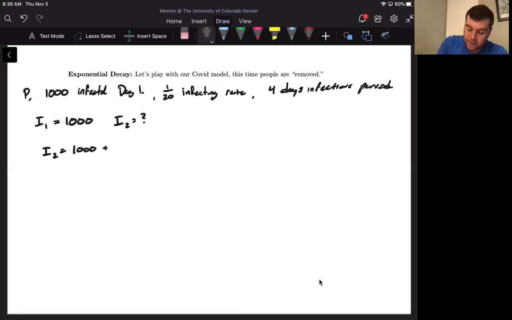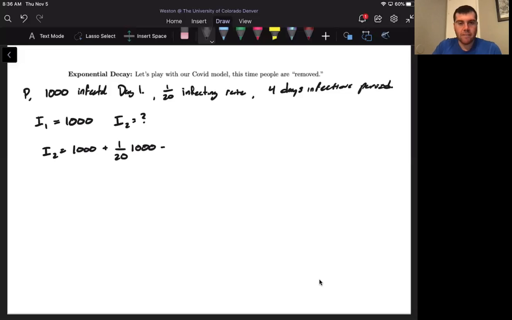Of those 1,000, 1 in 20 are going to infect someone else. So we'll have some growth there. But also on this day, a whole bunch of people are going to heal or become non-infectious. So we assume you only have a 4-day infectious period.